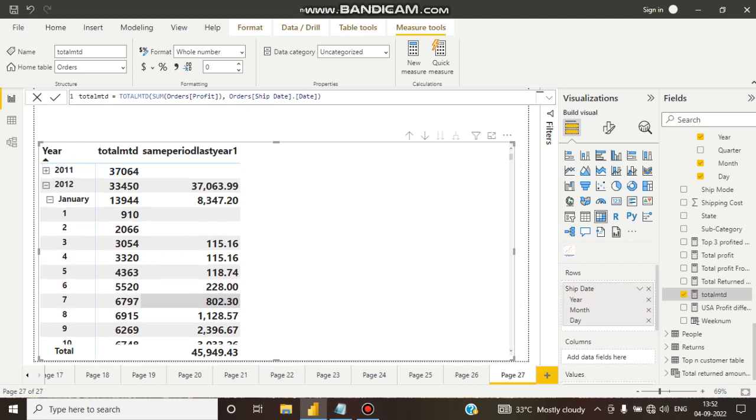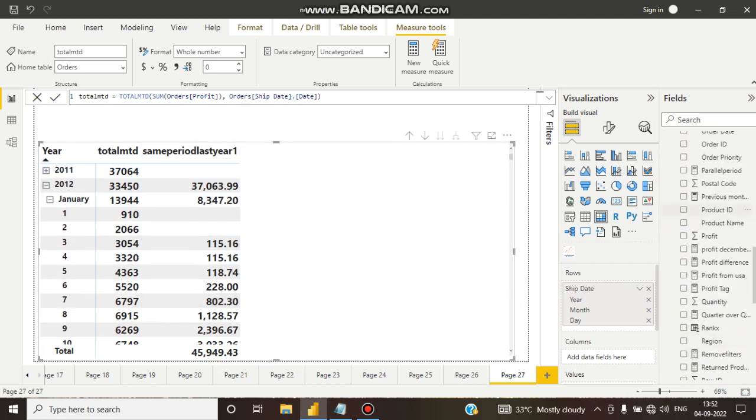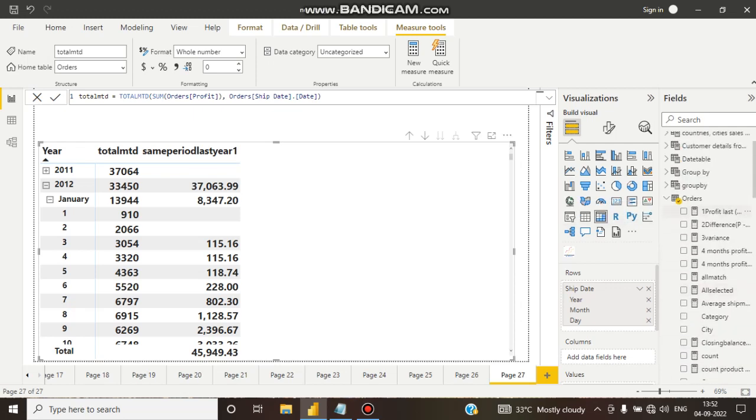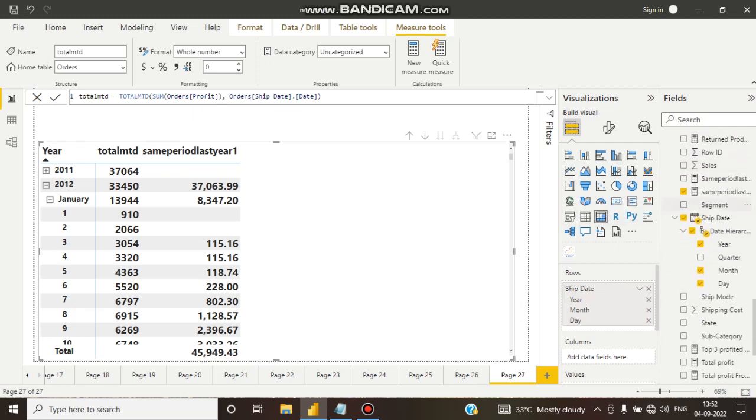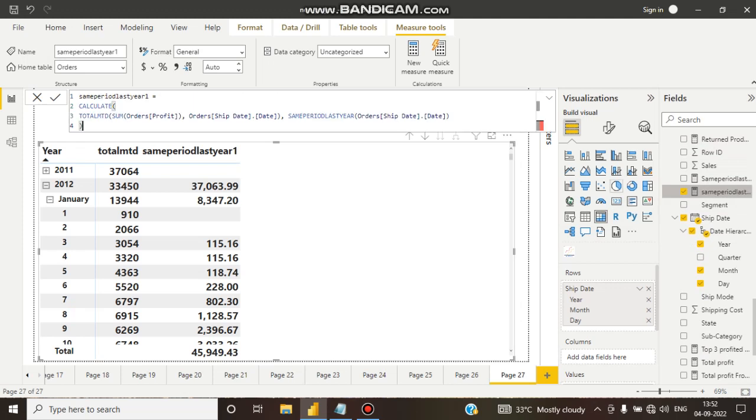So how can we get this same period last year? For this I have created another DAX calculation, same period last year. Here you can see CALCULATE.